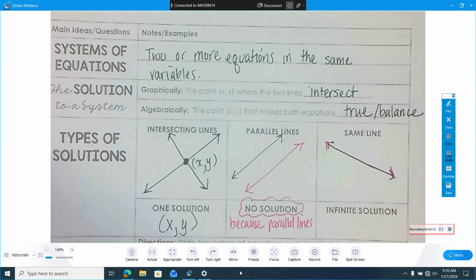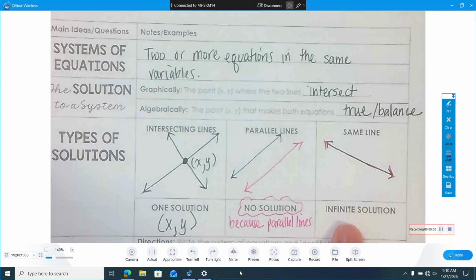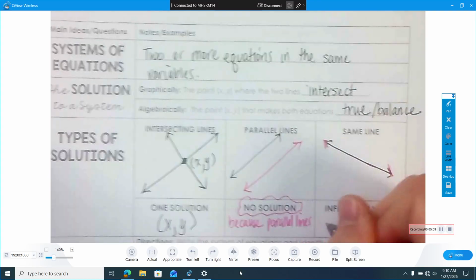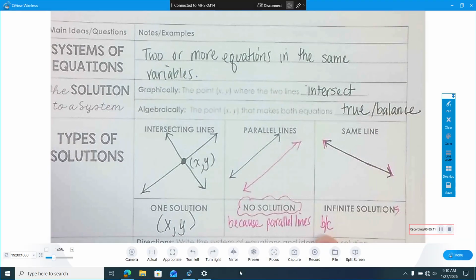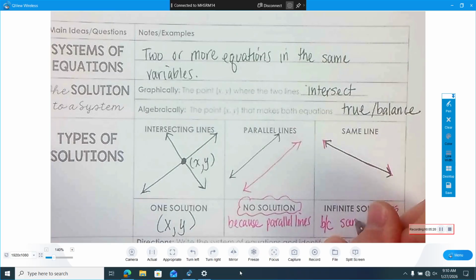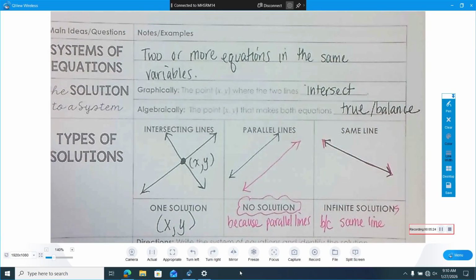How many points in common do they have? All of them, right? And so that's when we get infinite solutions. Infinite solutions, I'm going to write B/C. Do you know what B/C stands for? Because, this is shorthand, all right? Because they are the same line. So we get infinite solutions because they're the same line. They overlap all the time. So there's a billion different solutions they have in common.